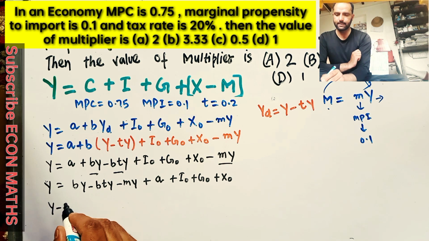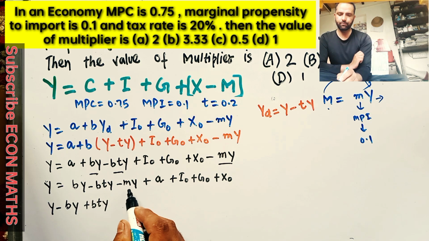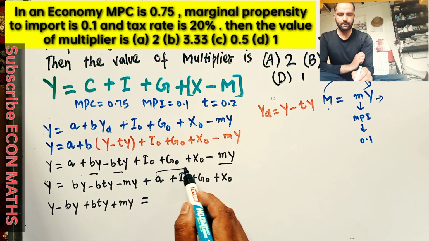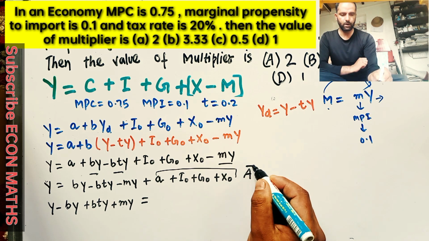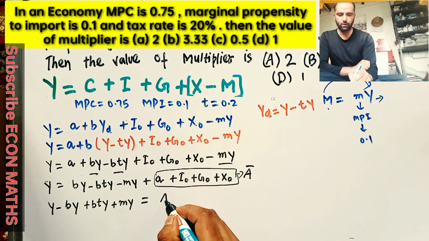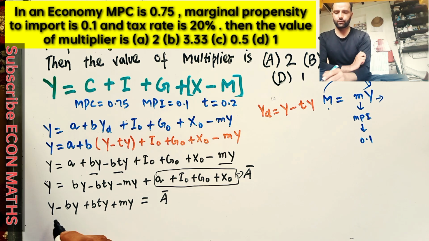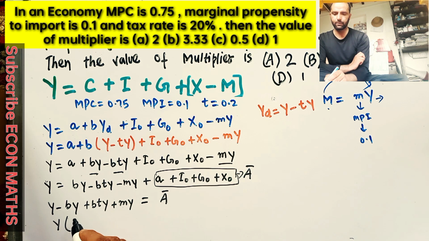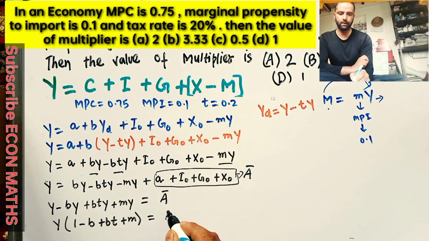So we have y minus by plus bty plus my equal to, and let us denote the autonomous terms by A bar. Now let's take y common in this equation. We are left with 1 minus b plus bt plus m, equal to A bar.